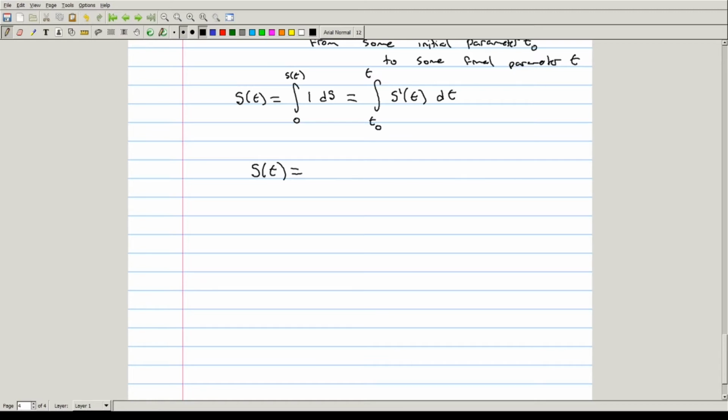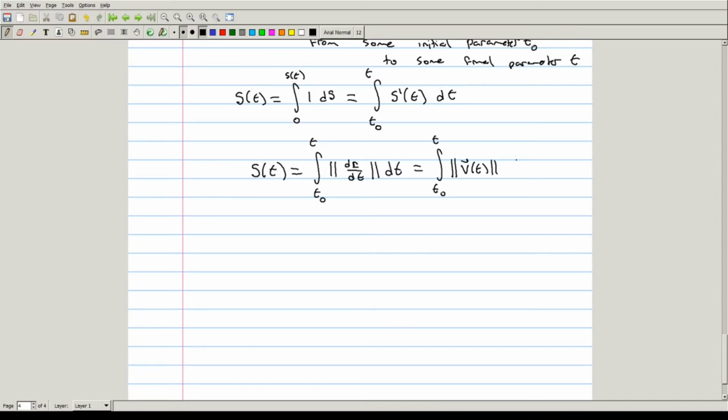But remember, this is the rate of change of arc length with respect to the parameter value t. It's exactly the same thing as the integral of the magnitude of dr/dt, or the same thing as the integral from t0 to t of the magnitude of the velocity vector as a function of t.